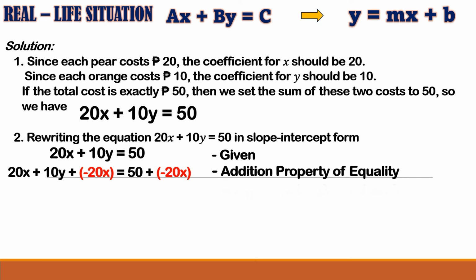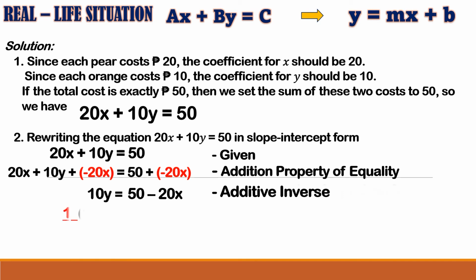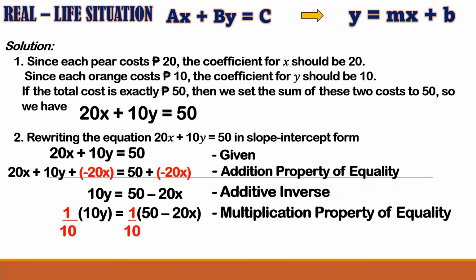So adding negative 20x to both sides of the equation, we have 10y equals 50 minus 20x by the additive inverse. Next, we're going to eliminate the coefficient of 10y on the left side of the equation by applying the multiplication property of equality. So we're going to multiply 1 over 10 to both sides of the equation.